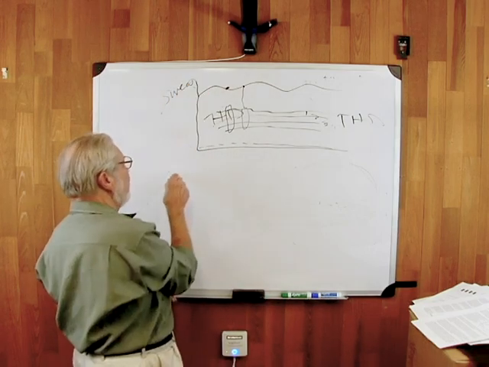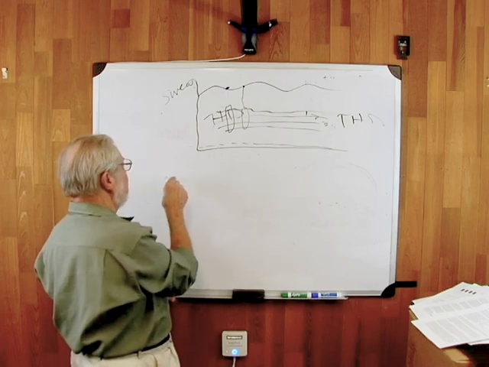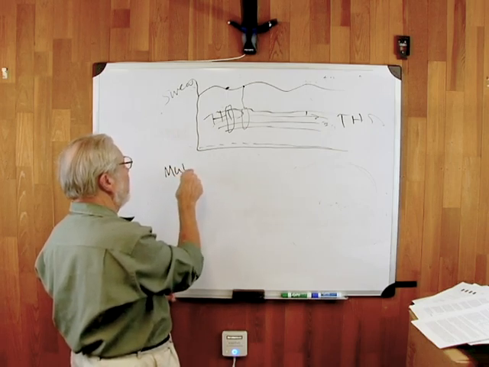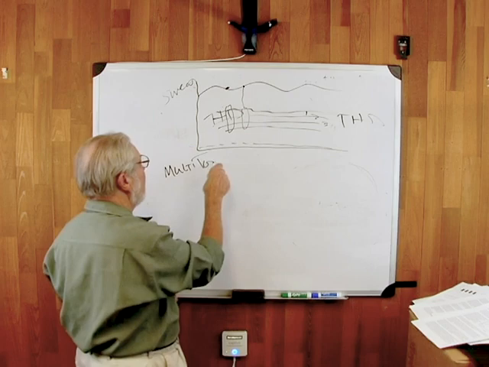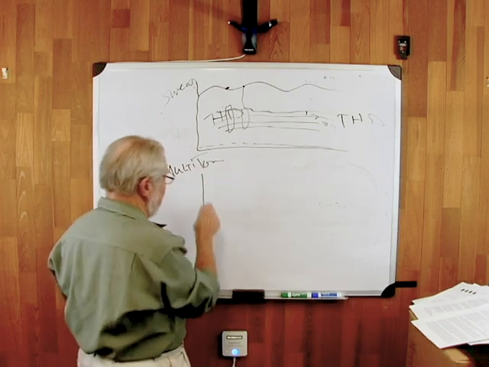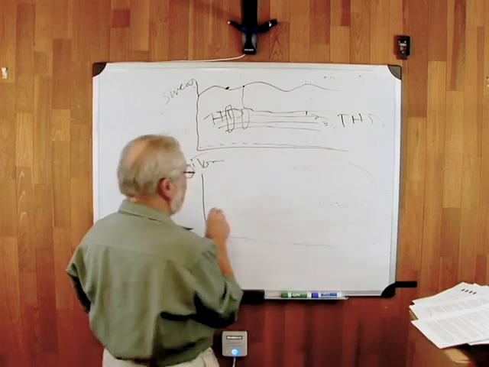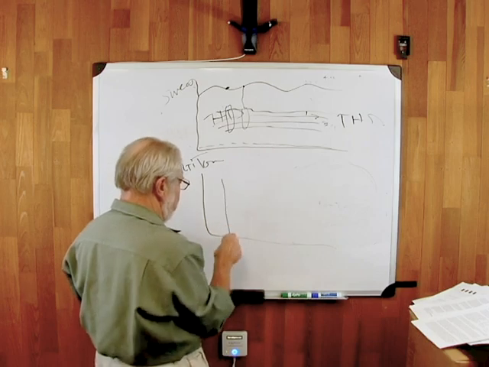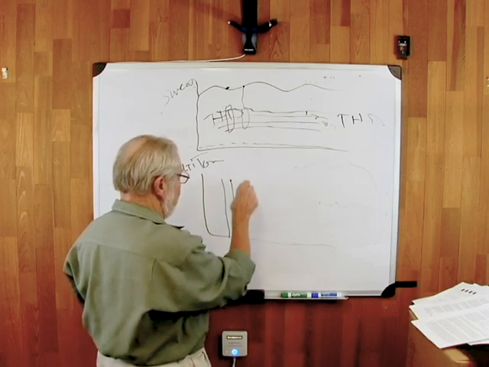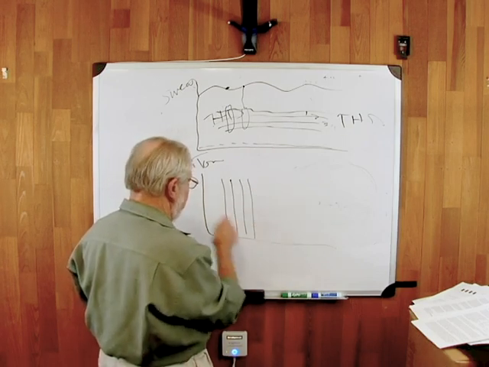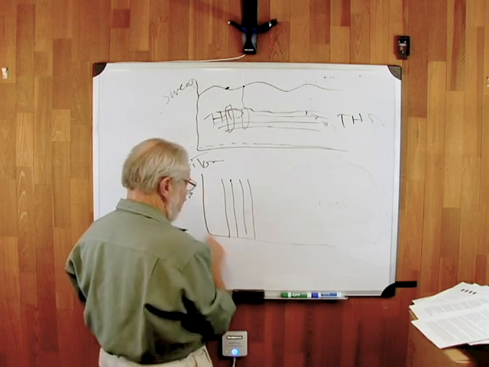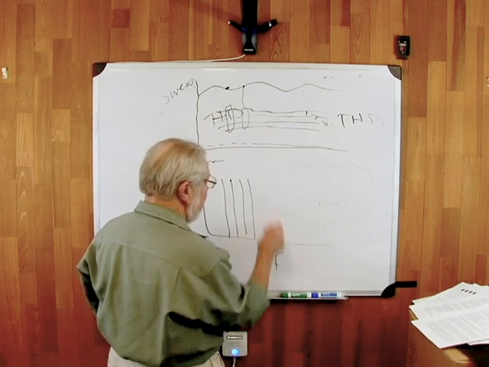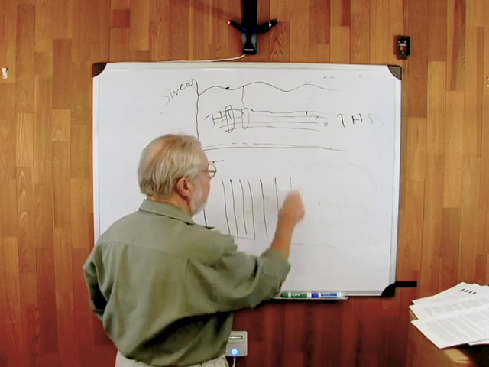The other version of getting the same information is called MultiTone. MultiTone plays a series of tones, low, up a few hertz, up a few hertz, up a few hertz. This is spectrum, dB, and this is frequency. Multitone is a series of tones.